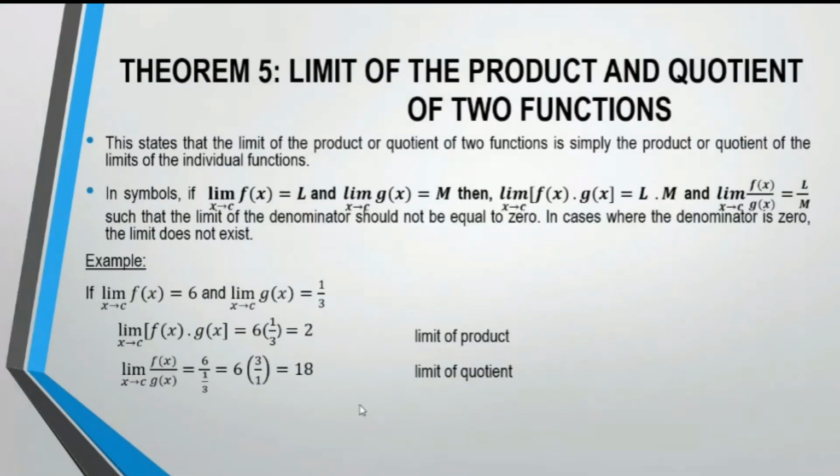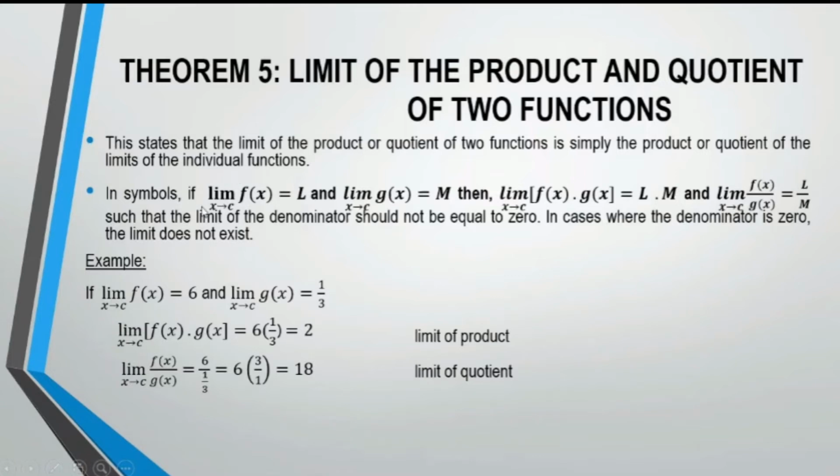Theorem 5, limit of the product and quotient of two functions. This states that the limit of the product or quotient of functions is simply the product or quotient of the limits of the individual functions.